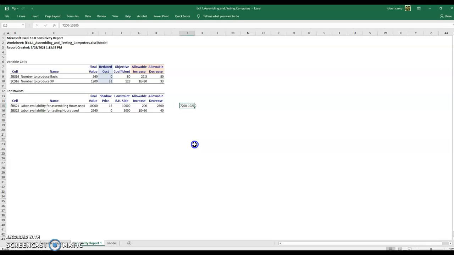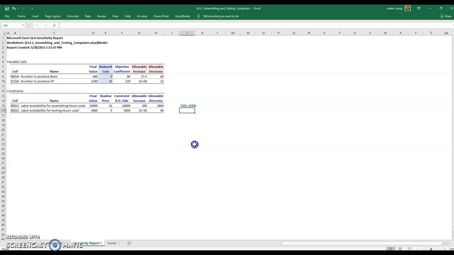So as long as the actual constraint that we have stays in this band of 7,200 to 10,200, the shadow price is going to stay at $16, which means that for every hour that we add or subtract, we are going to add or subtract 16 from our objective function.